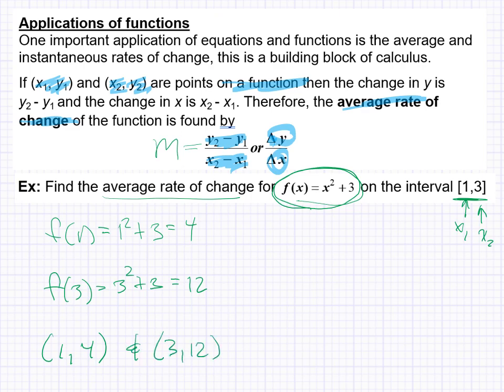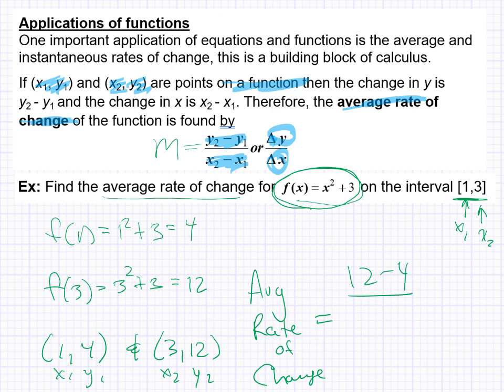So using these 2 points, x1, y1, x2, y2, my average rate of change can be calculated by doing 12 minus 4 over 3 minus 1, giving me 8 over 2, or 4. So the average rate of change over that period of the function would be 4.